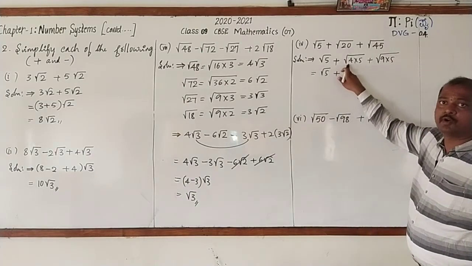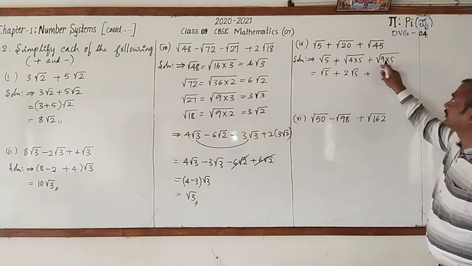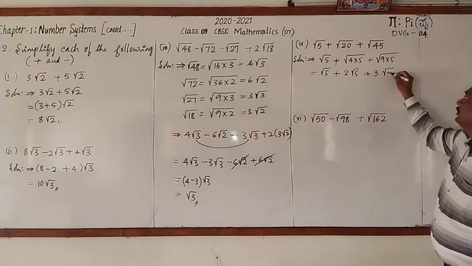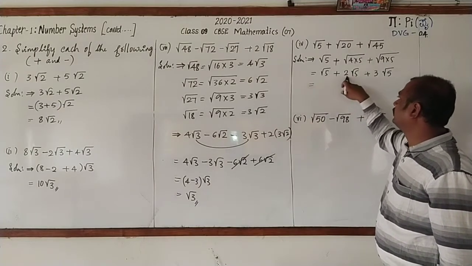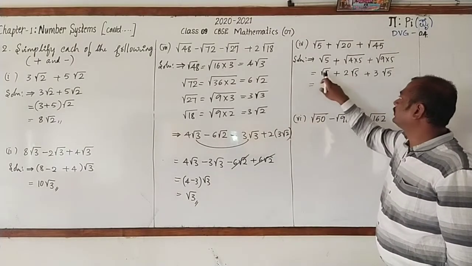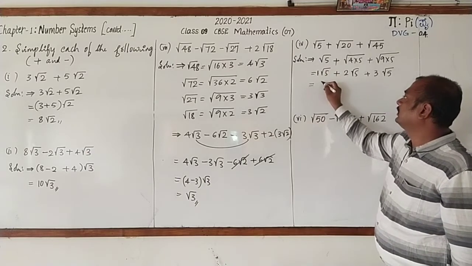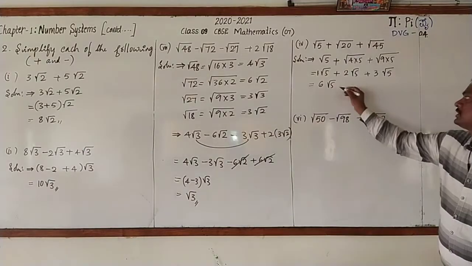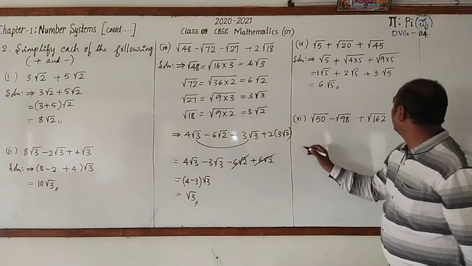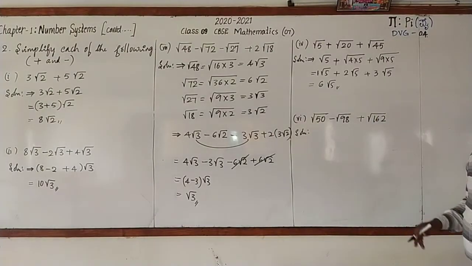What is square root of 4? 2, into root 5, plus square root of 9, 3 into root 5. This is equal to 1 root 5 plus 2 root 5 plus 3 root 5. You can add 1 plus 2, 3, 3 plus 3, 6 root 5 because root 5 is common. This is the value.